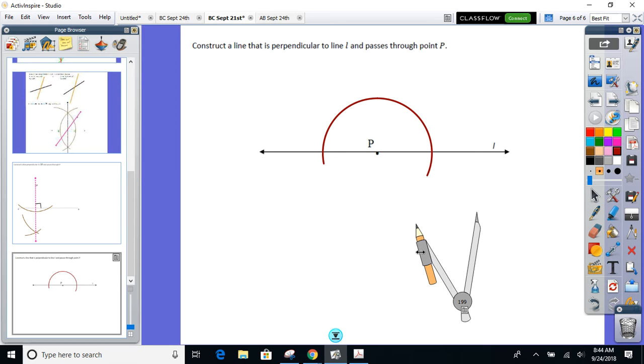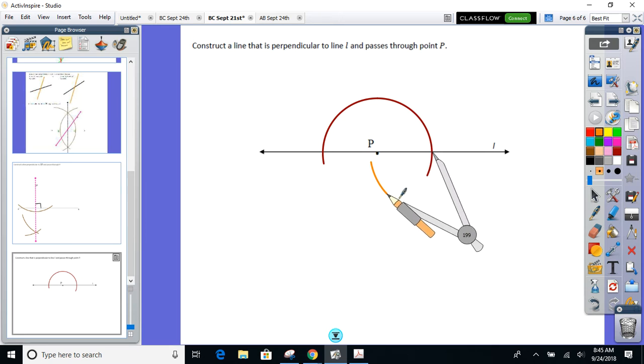And then now you go where? One of the points of intersection. Make an arc. Keep the compass the same opening. Go to the other point of intersection. Make another one.